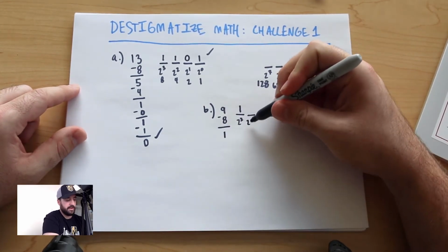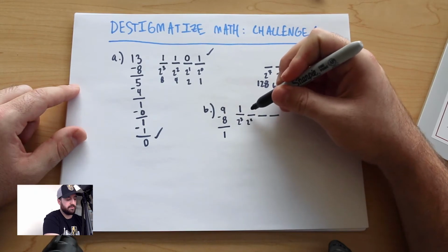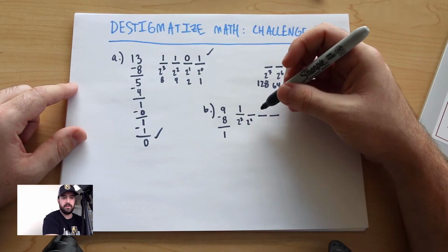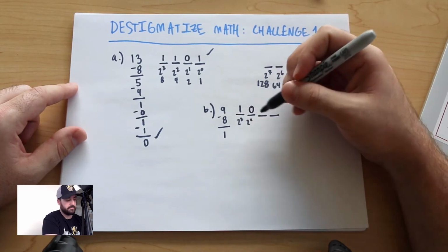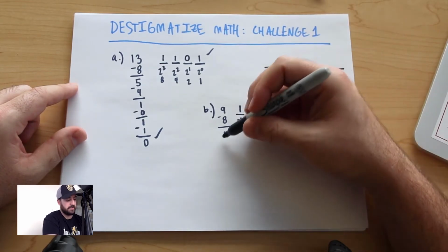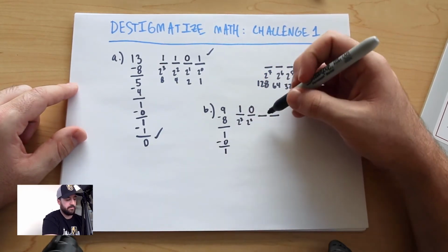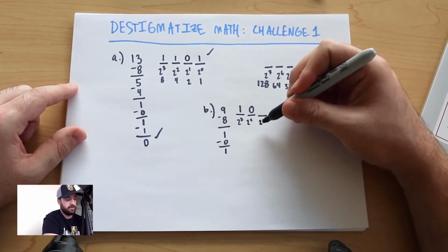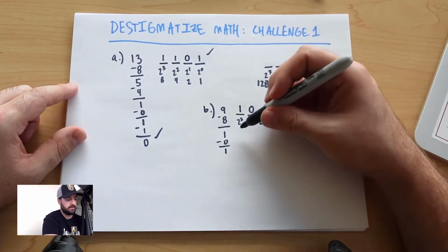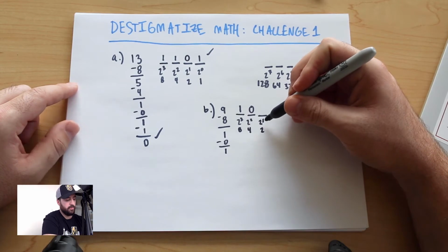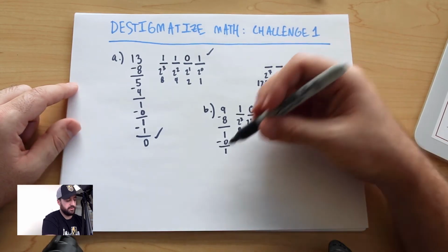Now we go down to the next place, 2 squared, which is the 4's place. Does 4 fit into the number 1? No, it does not, so that's going to be a 0. We would subtract 0 and keep going, but that's not necessary. Back to the number 1. Now we look at 2 to the power 1, which is the 2's place. Does 2 fit into 1?